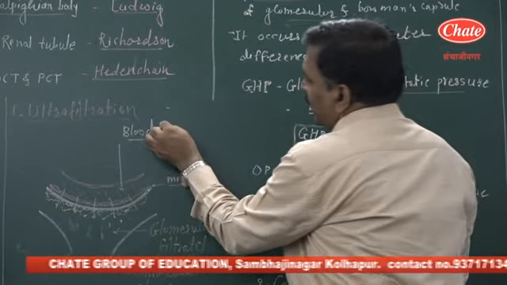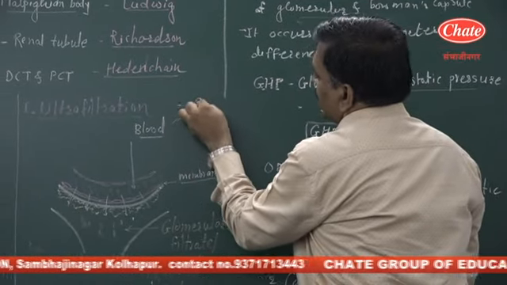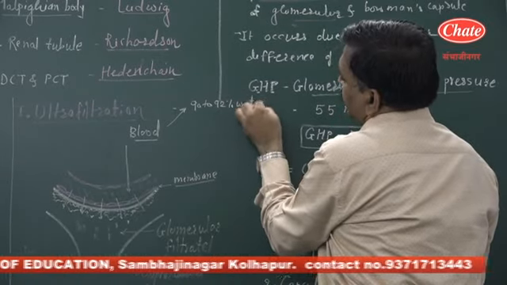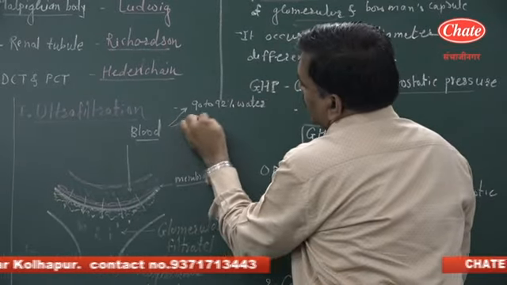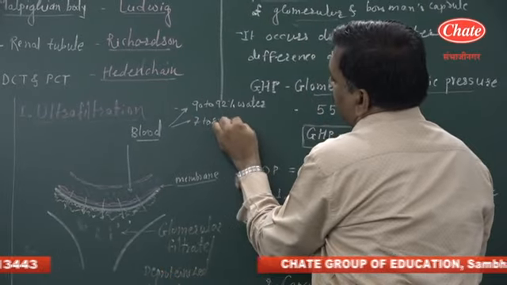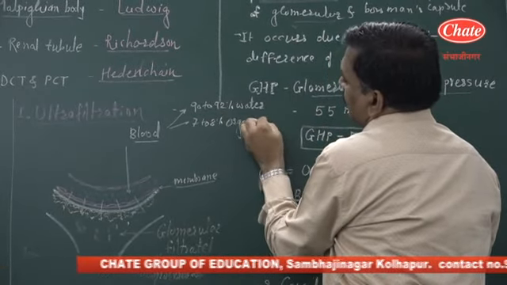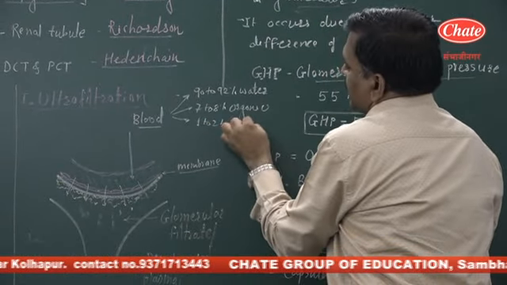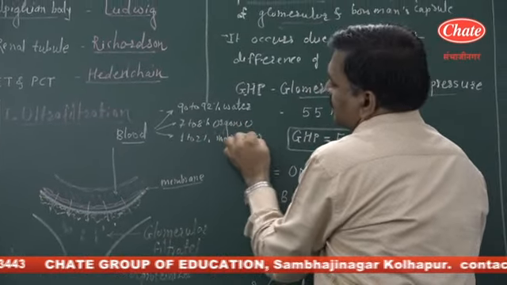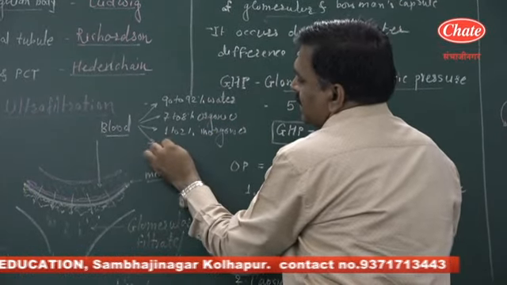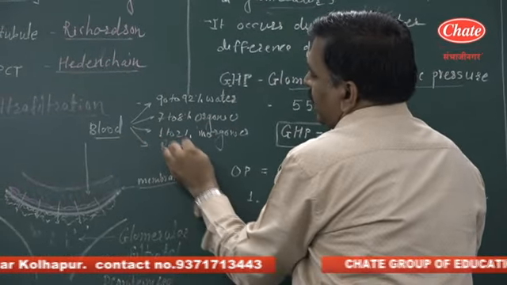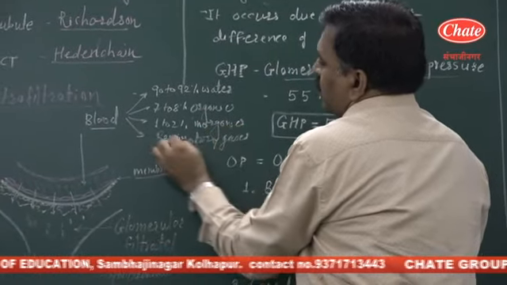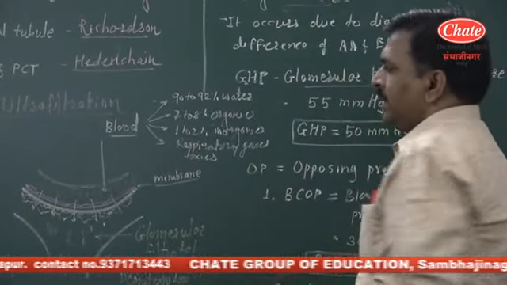You know that the composition of blood is 90 to 92% water, then 7 to 8% organic substances, then 1 to 2% inorganic substances, then some dissolved respiratory gases, and a few toxic substances are present in the blood.